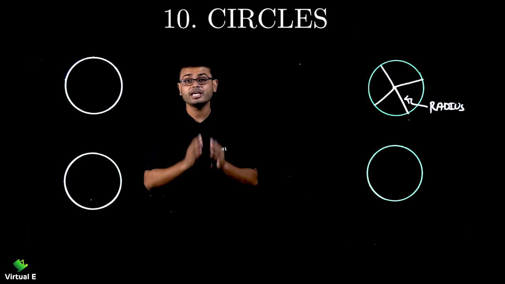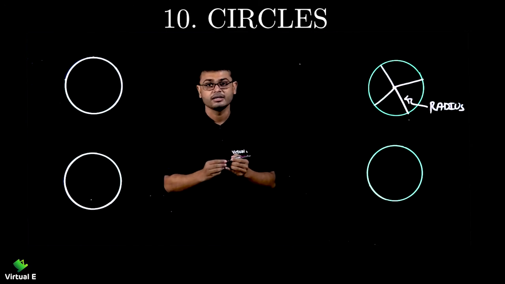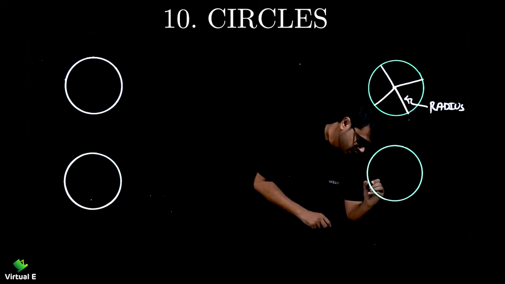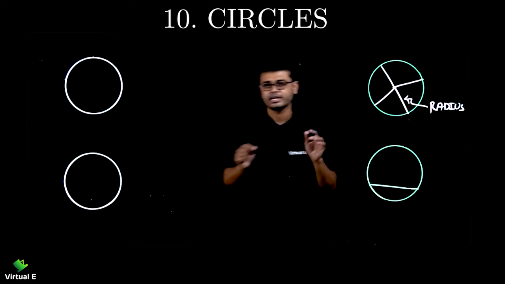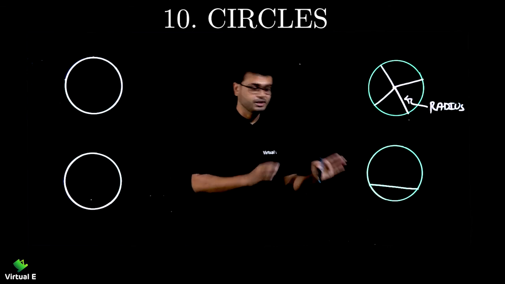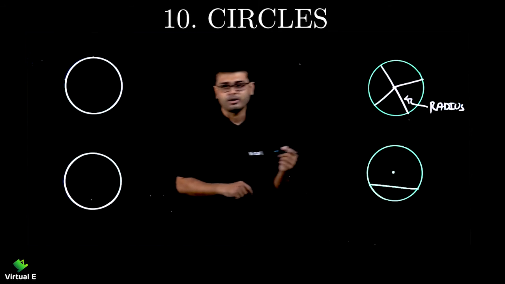Now let's talk about if that line is not passing through the center, then what do we call it? Yes, chord. We learned about that last year. So let's take a chord. I connect any 2 points on a circle, any 2 points you can take. Maybe it can pass through the center or maybe it cannot. It's all fine. Let's say this is the center of the circle and this is the chord, right?